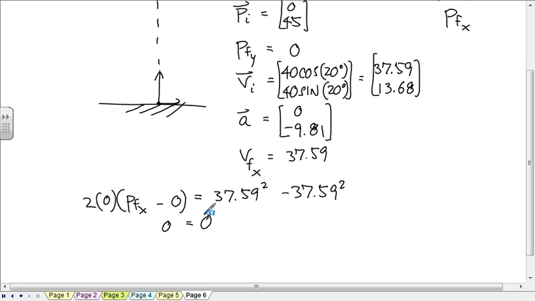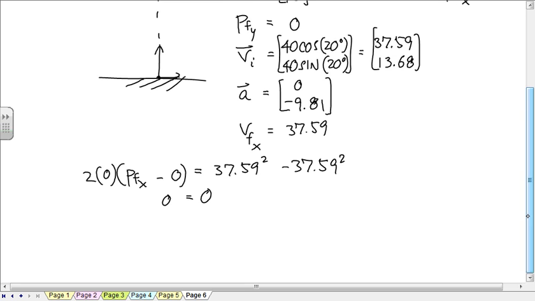So it looks like when you look at the variables that that'll work, but it ends up everything cancels out and it doesn't help you at all. So I think the answer is there's not an equation that works. So we're going to have to find time final.